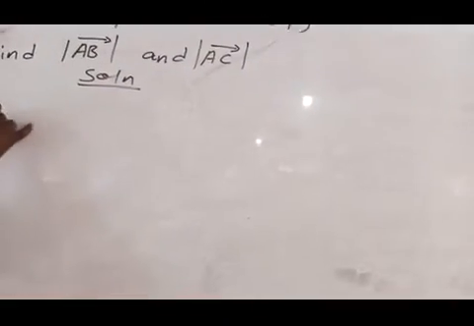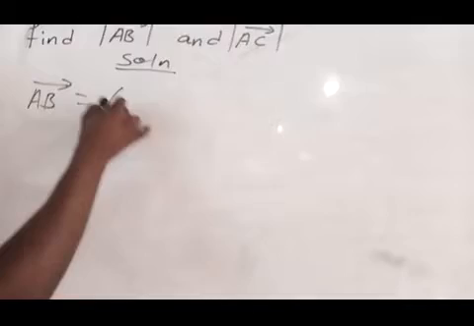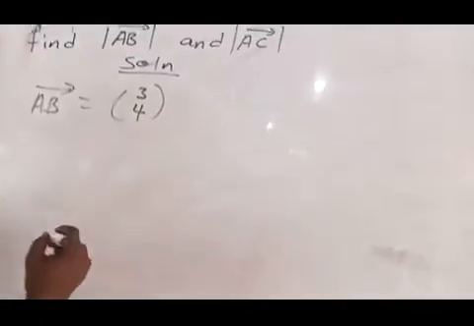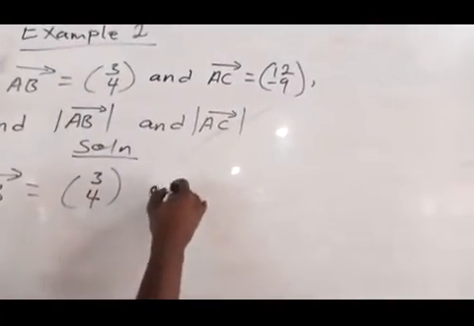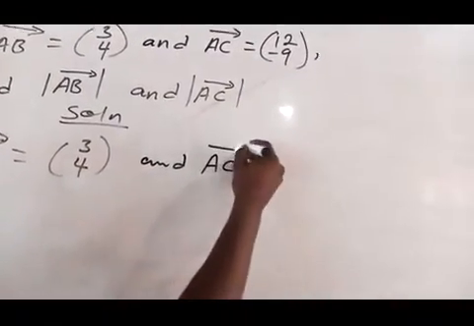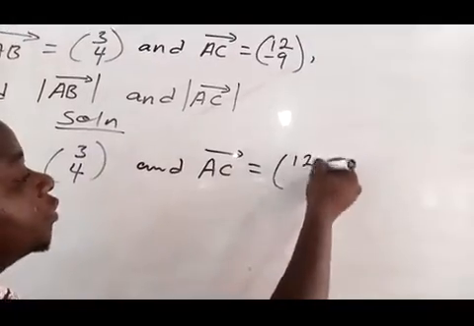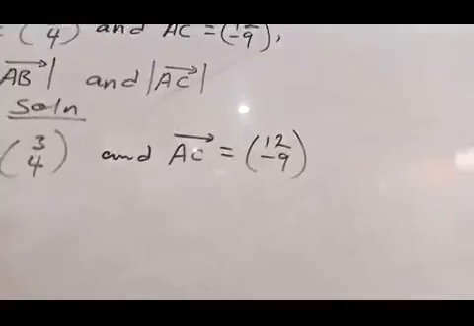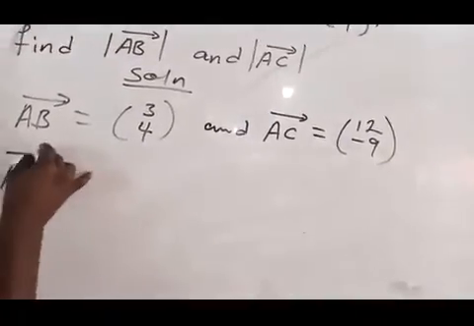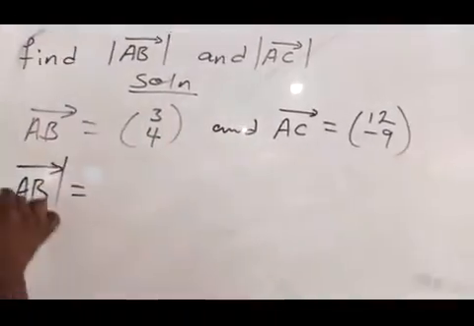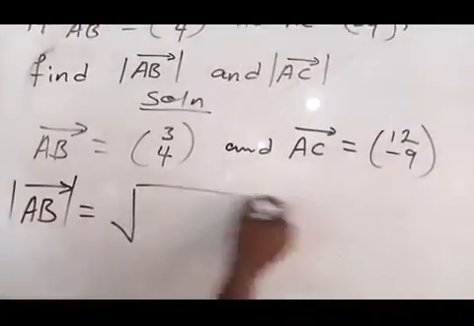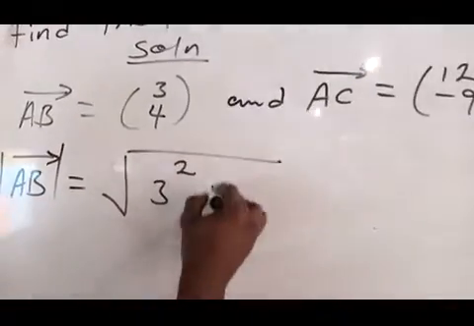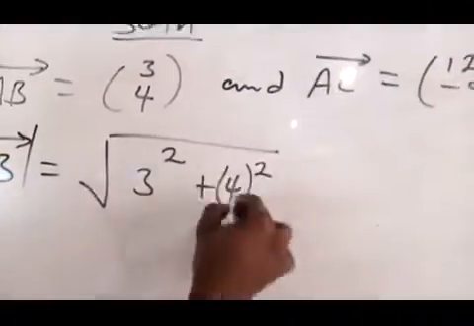We say vector AB is equal to 3, 4. And then vector AC is equal to 12, minus 9. Then the length of AB, or the modulus or the magnitude of vector AB, becomes the square root of 3 squared plus 4 squared, like that.